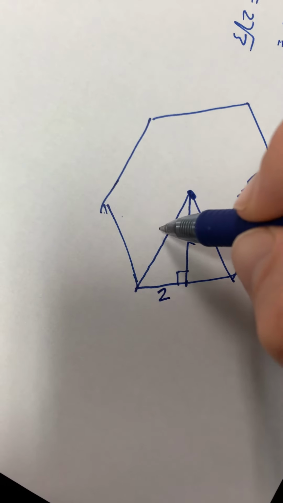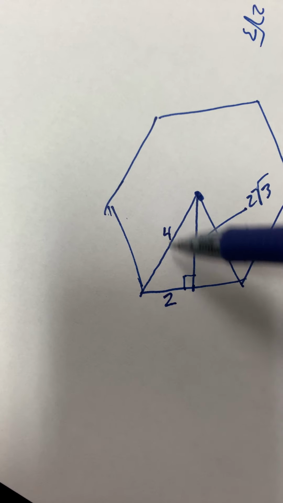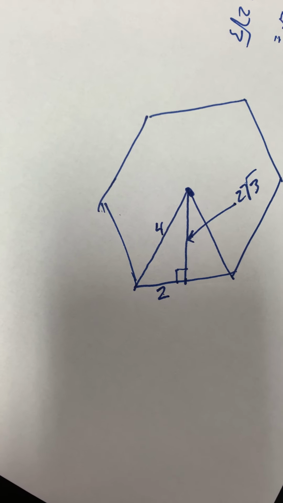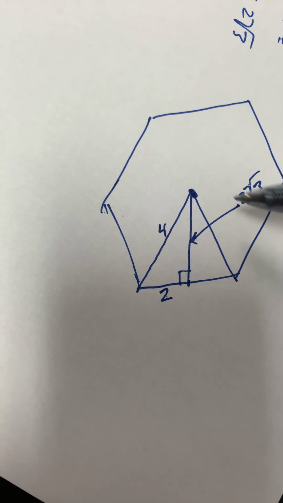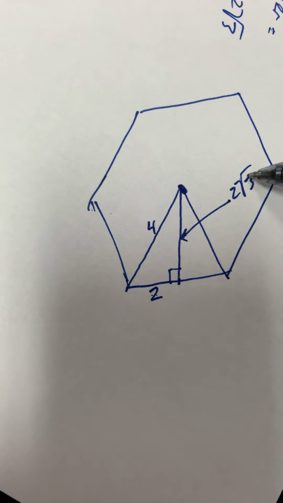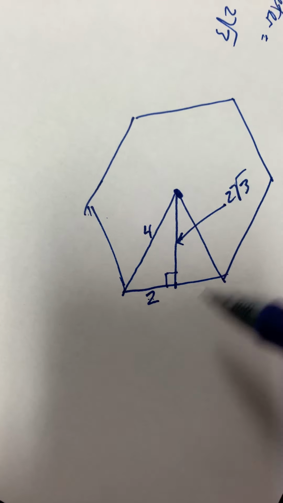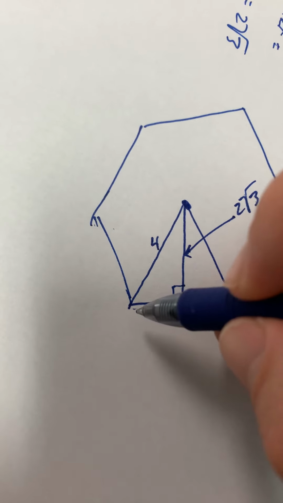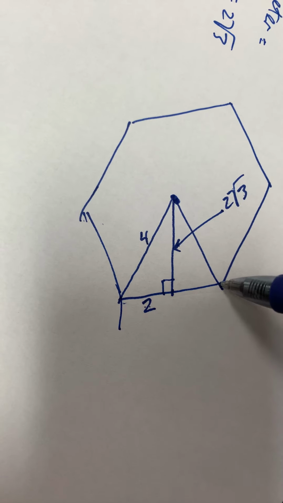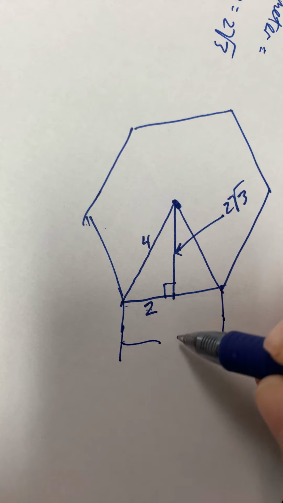And then this would be 4, because the hypotenuse is twice the length of the short side. So that means that this entire side is 4.